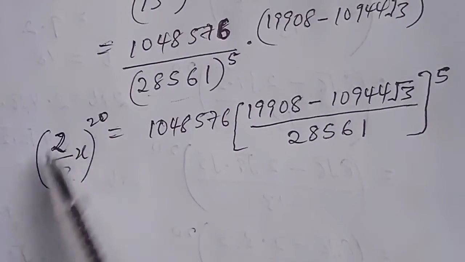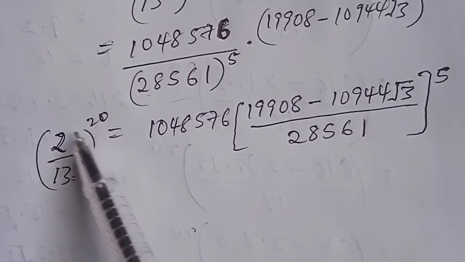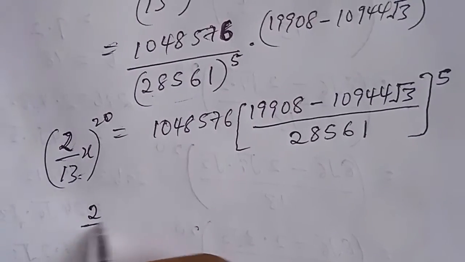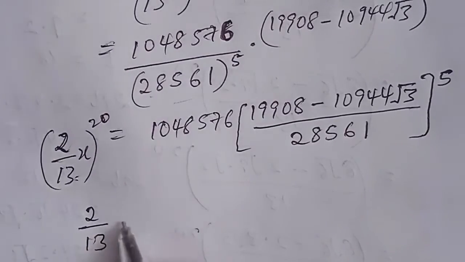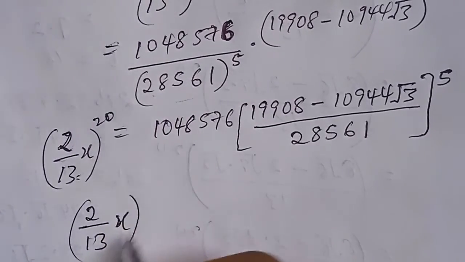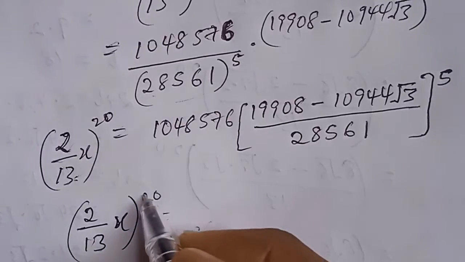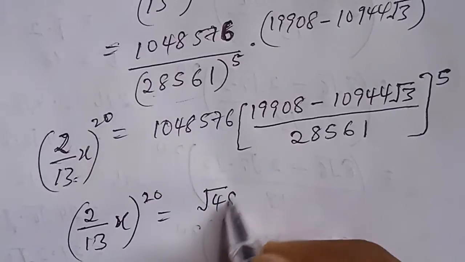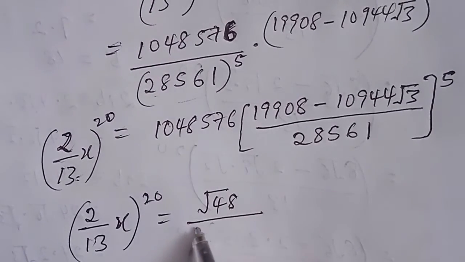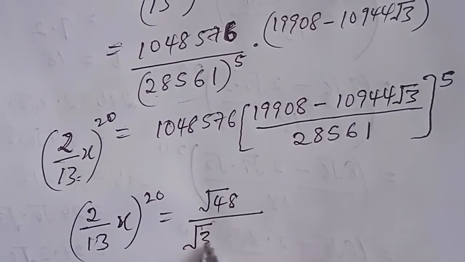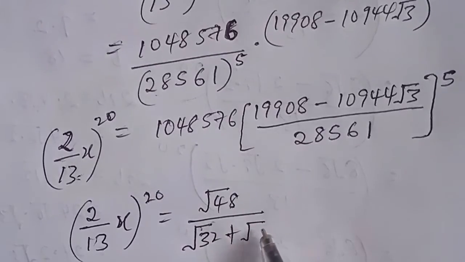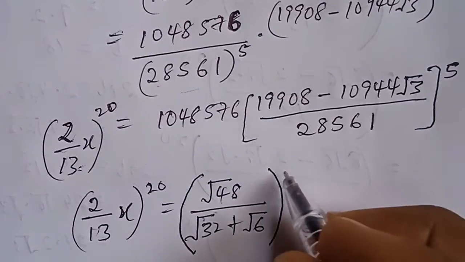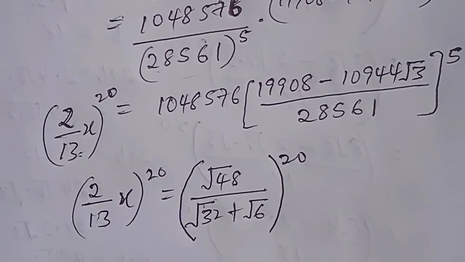Earlier we know that this expression at the left hand side, 2 over 13 x to the power of 20, is equal to square root of 48 over square root of 32 plus square root of 6, all into bracket to the power of 20.